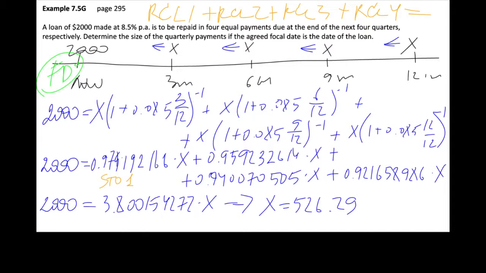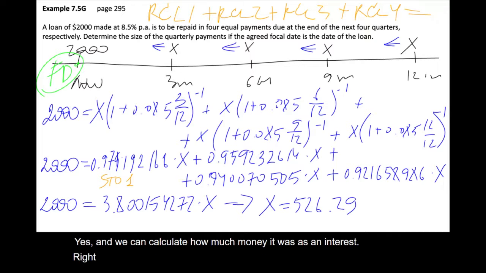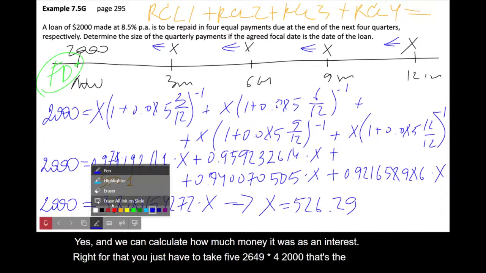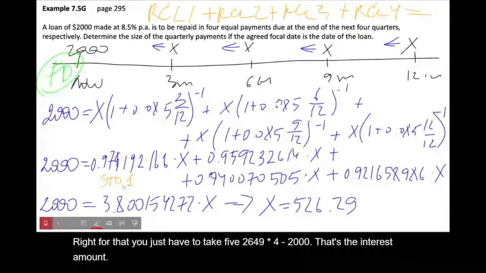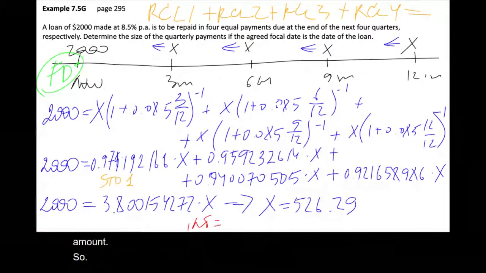So that means that every 3 months he has to pay 526.29. Yes. And we can calculate how much money was interest. For that, you just have to take 526.29 times 4 minus 2,000. That's the interest amount. Makes sense. So this number includes interest, at 8.5%. Yes, of course.